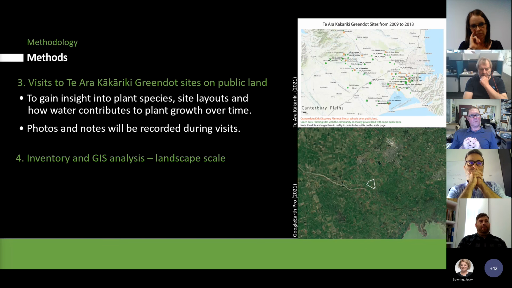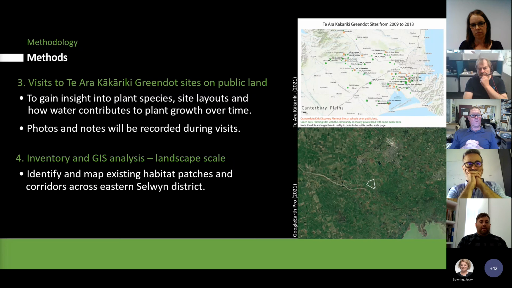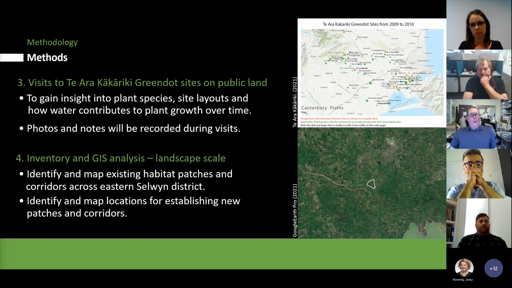So the bottom right-hand picture is the sort of scale we're looking at, of where the vegetation, the habitat patches, the waterways, all that kind of thing are. And that will help identify where the patches are missing, where corridors are missing. And in the long term, hopefully Ashley Dean, the case study site, will be in one of those locations.